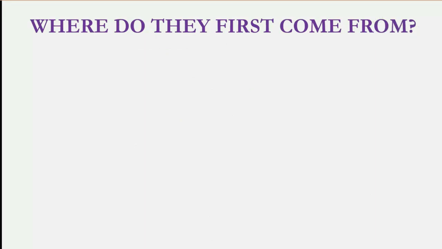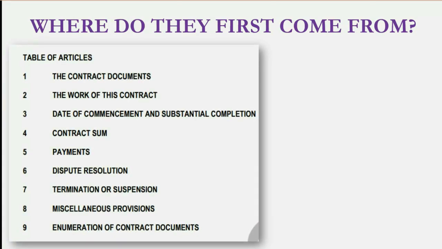So, where do they first come from? In other words, how do you decide what items to put on the estimate or invoice? Well, usually they come from a contract. And a written contract with a contractor for work to be done over several months usually has several articles, and there are many pages of each contract.